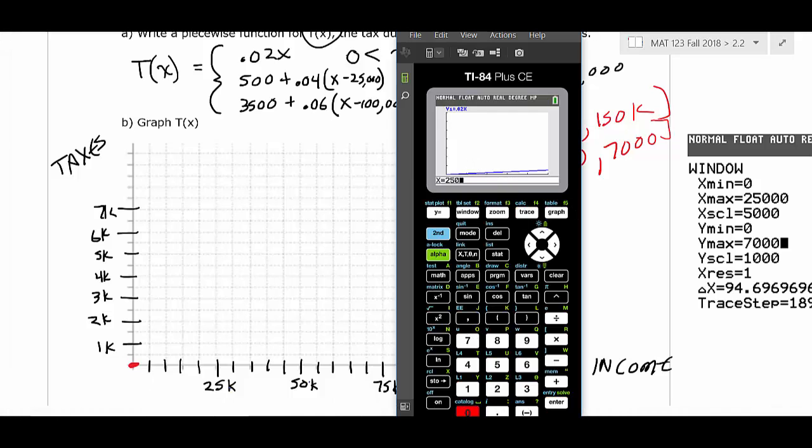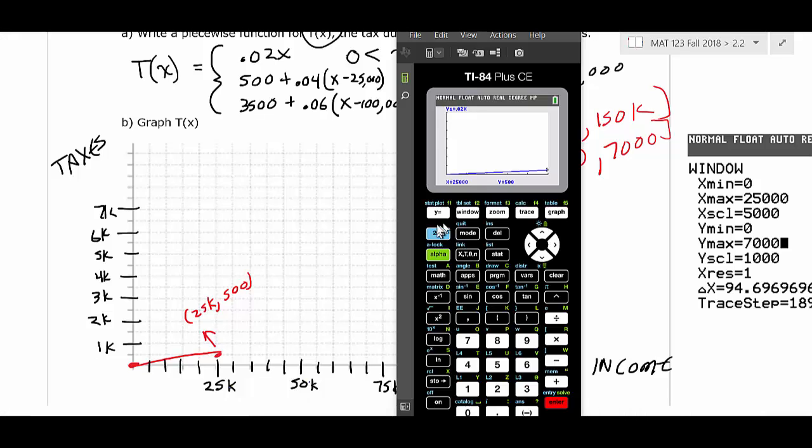The end of this tax bracket is 25,000. I do that, and that gives 500. So what you probably want to do is write this point as 25,000 for the X value, then 500, then connect the dots, and that shows how your tax increases in the tax bracket from 0 to 25,000.